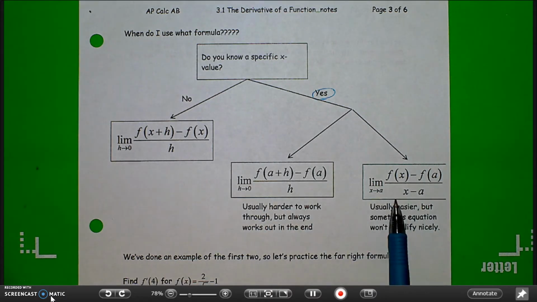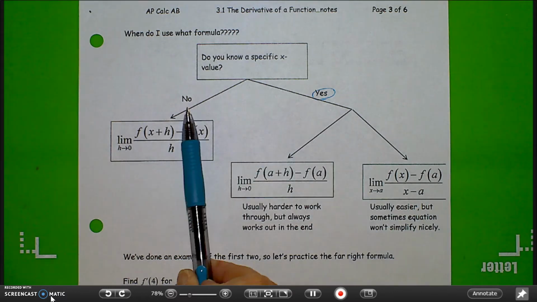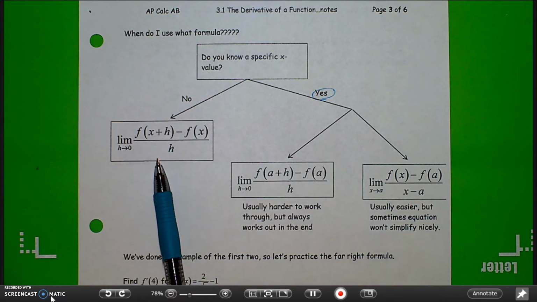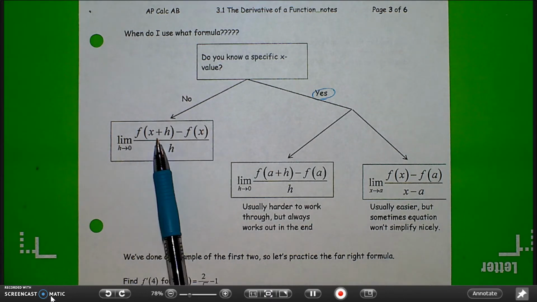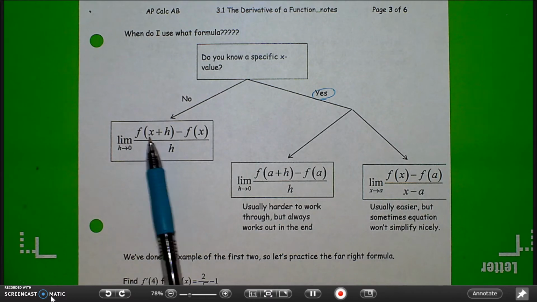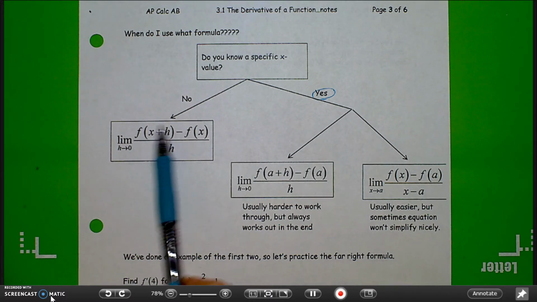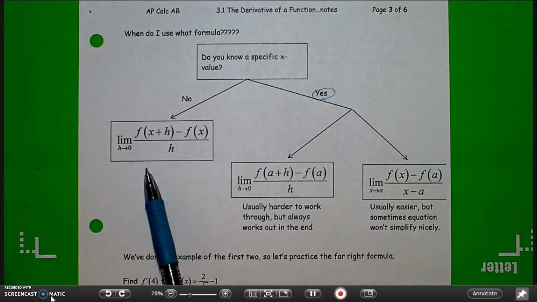Now, if you don't know what value of a you want, or don't know where you want the tangent line to be drawn, then you're left with this as your only choice. You put x plus h into your function. This gets a little messy too. Just bring in x along for the ride.